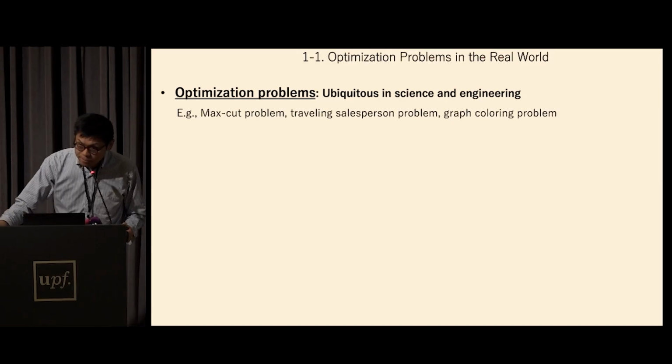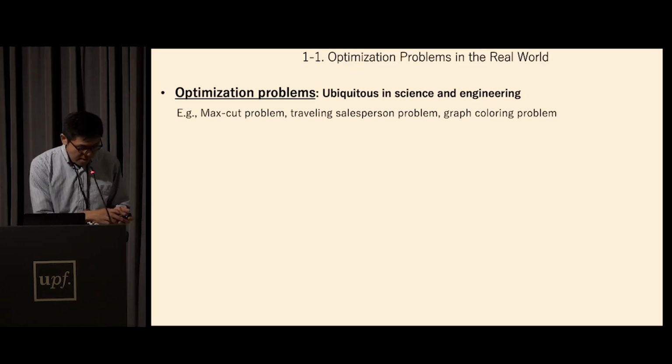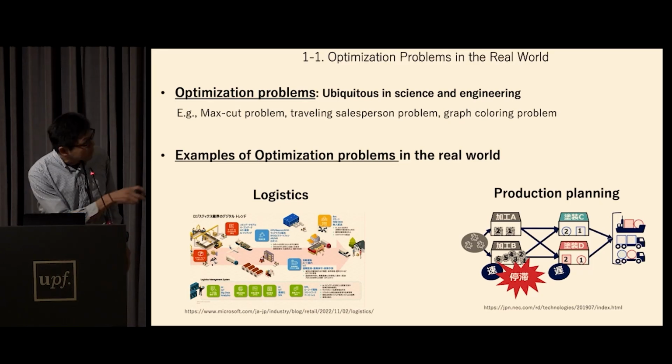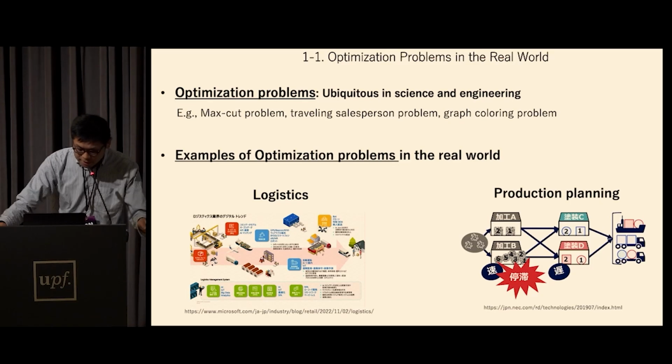And by using techniques to solve such basic problems, we are able to tackle the optimization problems in the real world. And examples of the optimization problems in the real world include logistics, production planning, and these are done by, for instance, automobile companies.